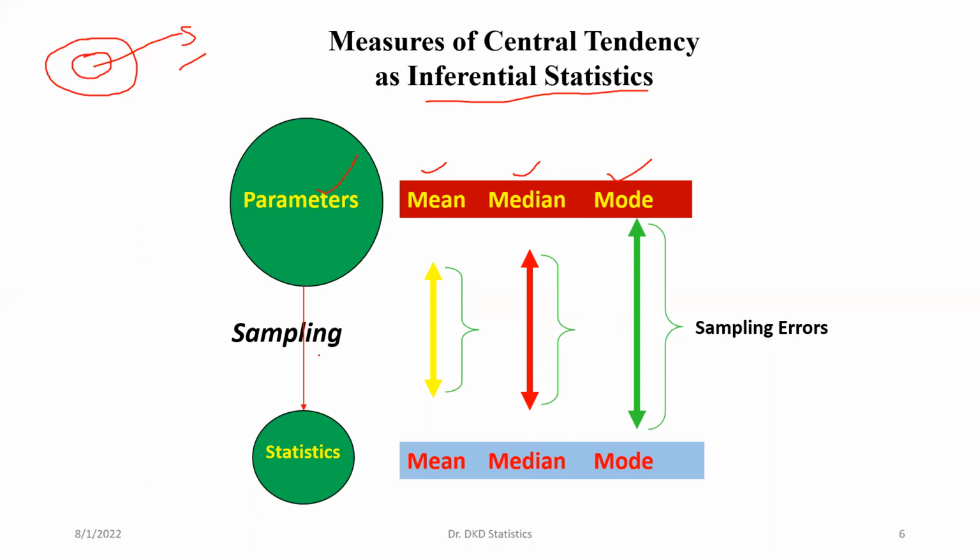And once we draw samples out of that population with the help of certain sampling methods, and for that sample we calculate the mean, median, and mode, that is known as a statistic. There may be some variation in the mode, median, and mean because of sampling error. This is the basic concept about population and sampling. Parameter refers to population, and statistic refers to sample. We need to know these things once we analyze the data.